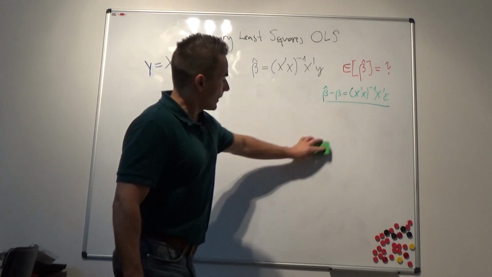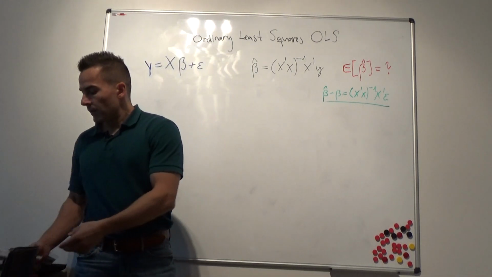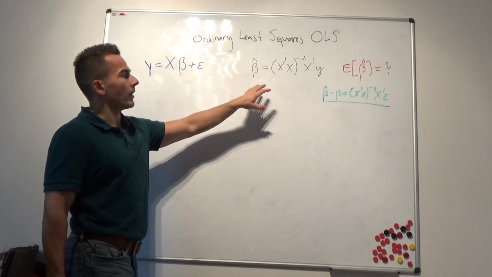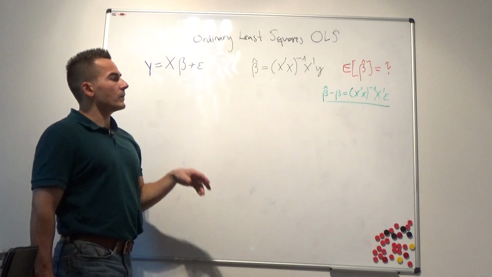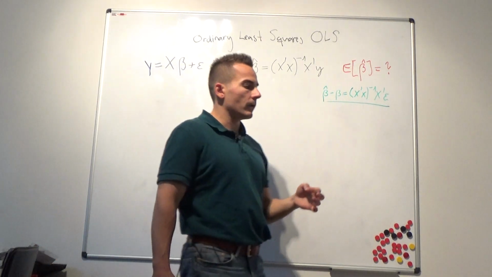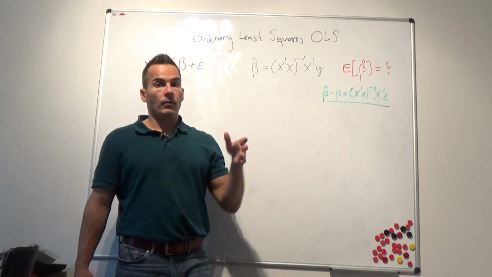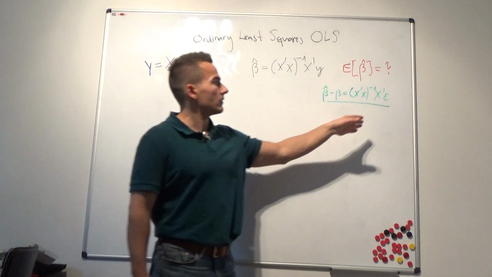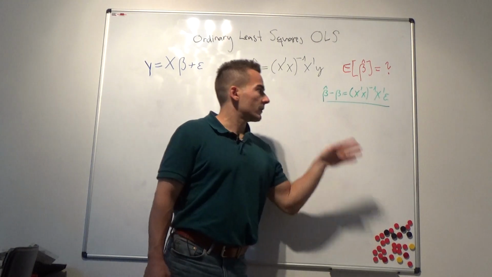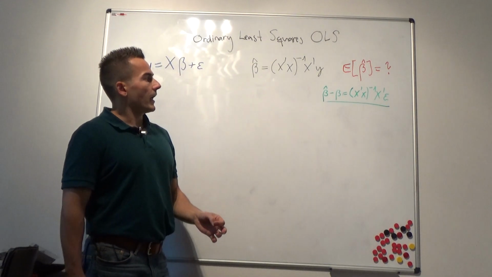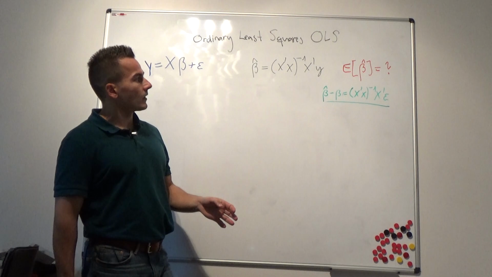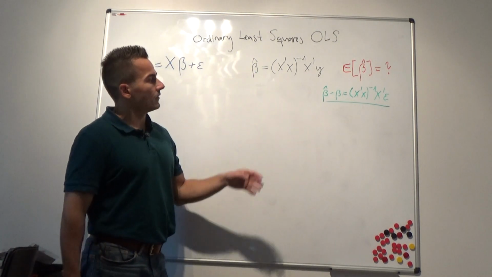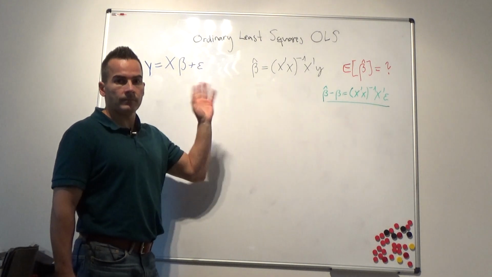Another important result is that in order to show that our point estimator is unbiased, it doesn't require the assumption of a normally distributed random term. The only assumption was that the expectation is 0. It's also not required that the error term has the same variance across time.